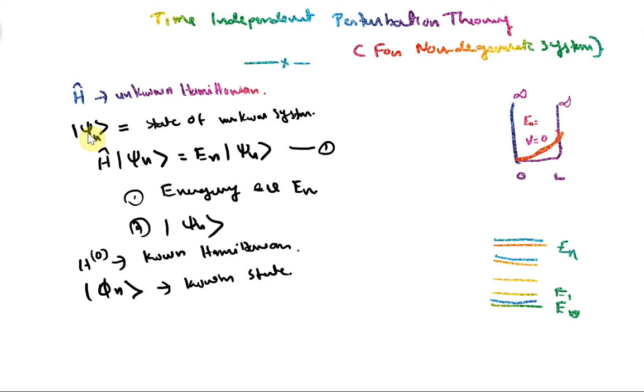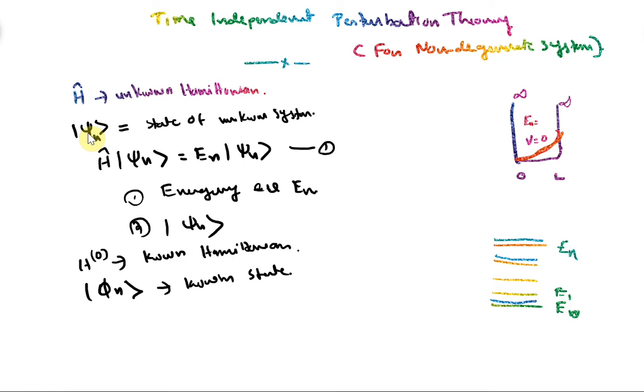Let me clarify that right now, I am going to take this as an orthonormalized system. I mean the known solution I am mapping on a Hilbert space by using different vectors. These are n vectors, phi n consists of different n vectors, and this is actually not the state. They are the vectors phi 1, phi 2, phi 3, etc., and one of them corresponds to a particular state.